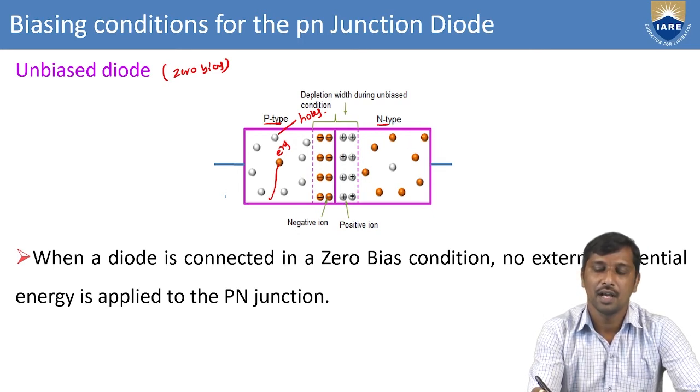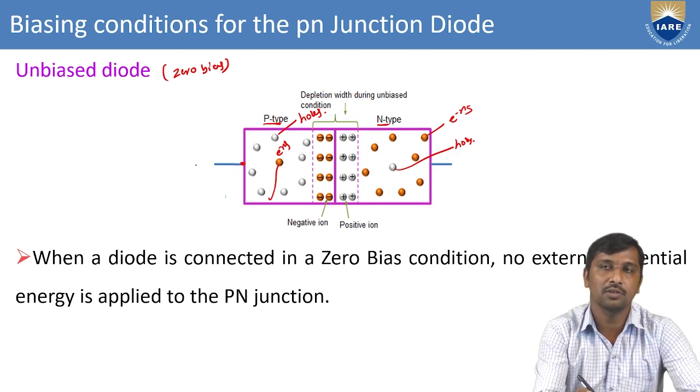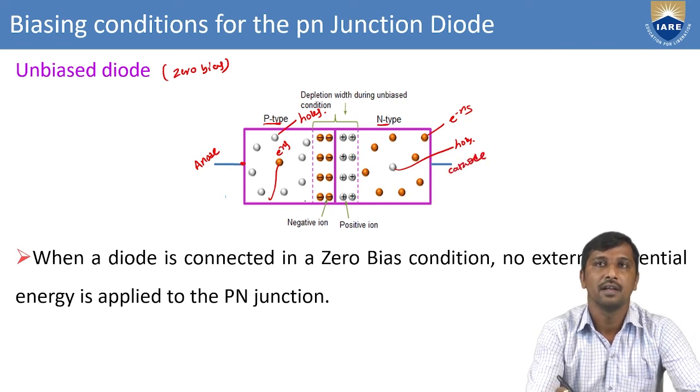Due to this doping, the majority charge carriers are electrons and the minority charge carriers are holes. This electrode is represented as the anode, and this electrode is represented as the cathode.